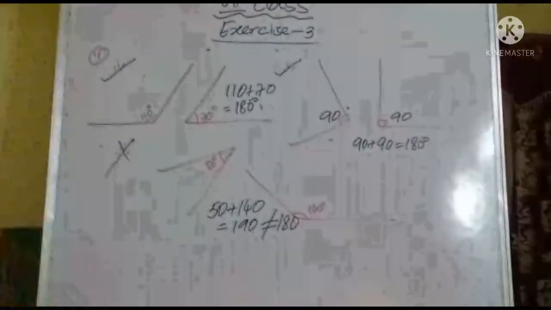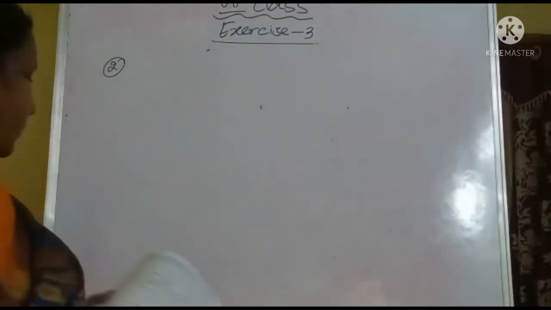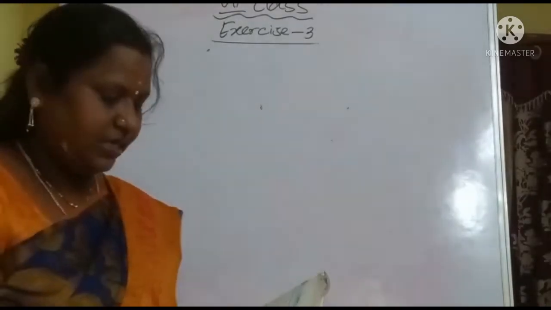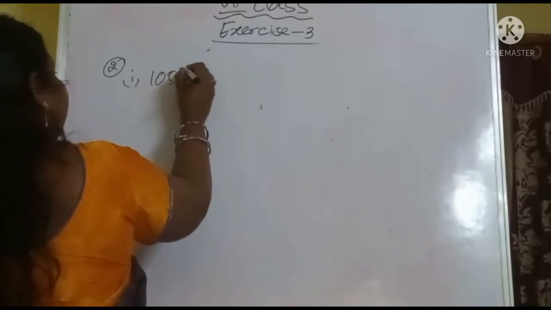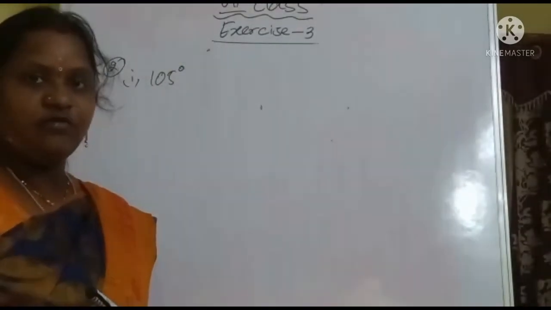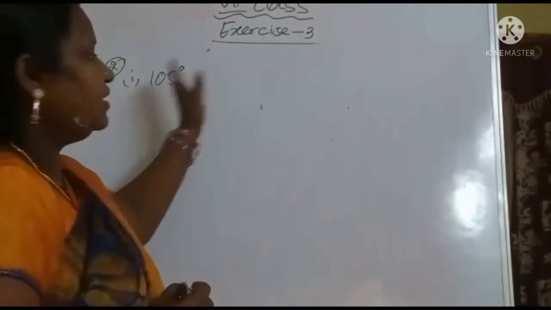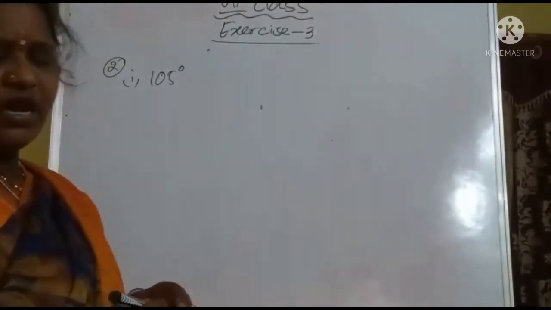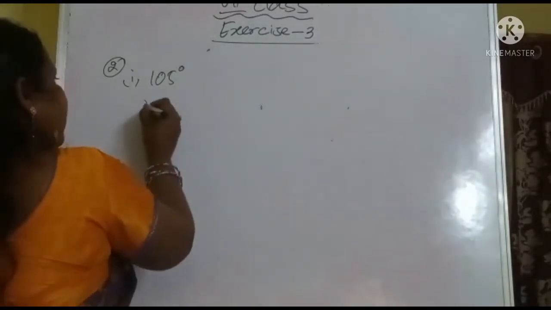Second problem, you have to find the supplementary angles of the given angles. The first angle is 105 degrees. We have to find the supplementary angle of 105 degrees. Like the previous problem, how we did in exercise 2, here also we take the unknown value as x.